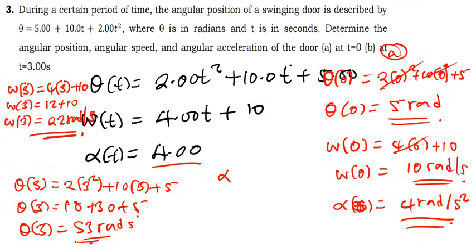Alpha as a function of t, which is going to be 3, is just 4.0 rad per second squared. I'm done with this question. You follow me?